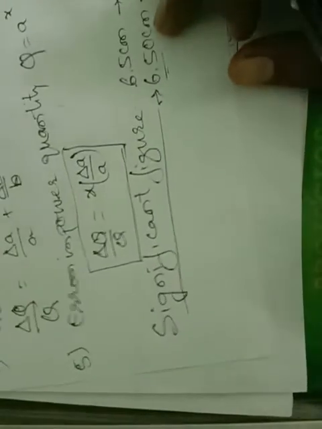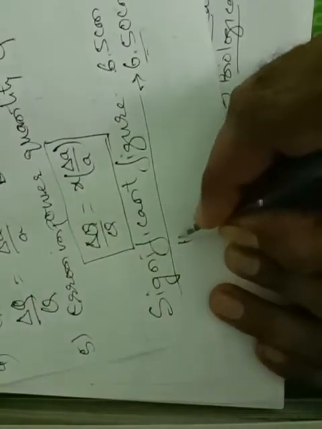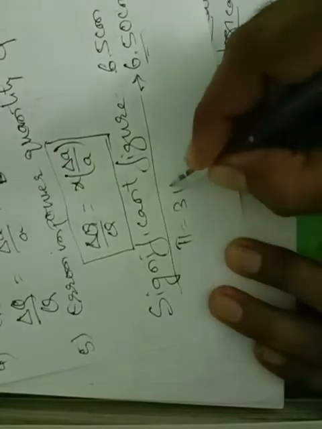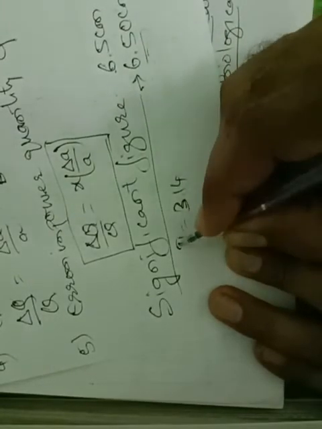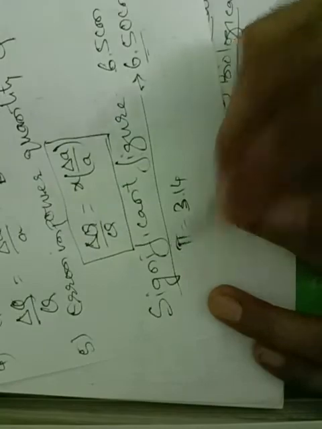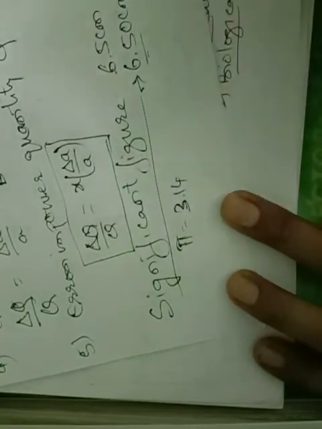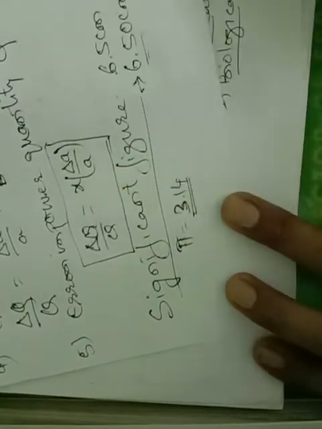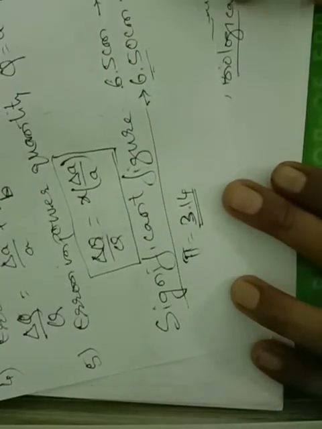Just for example, what is the value of pi? We know 3.14, but actually after the decimal there are 108 numbers, and we are considering only up to 3.14.